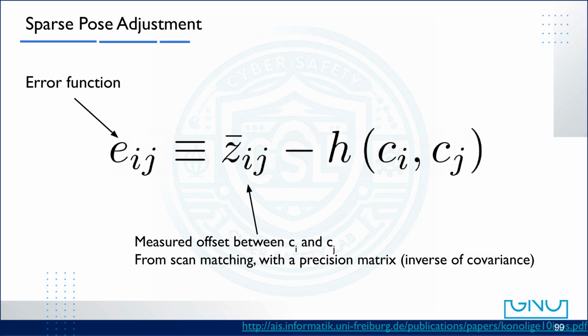On the other hand, the predicted value is computed from the current pose graph using the function h. The error vector is the difference between these two. A large error means the pose estimates do not agree well with the actual observations. These error vectors appear throughout the graph, and reducing them is the ultimate goal of optimization. In short, e_ij tells us how inconsistent our current pose estimates are with real sensor data.